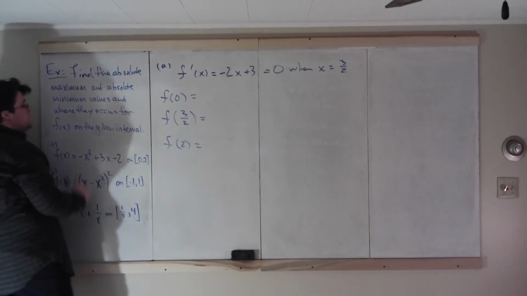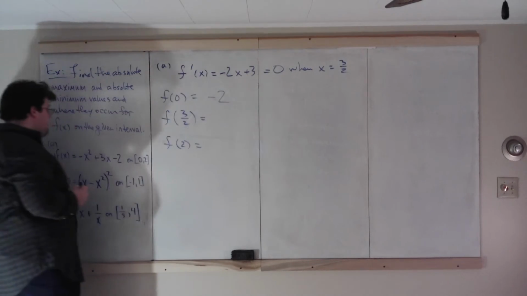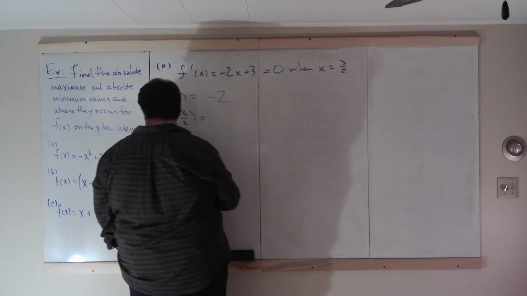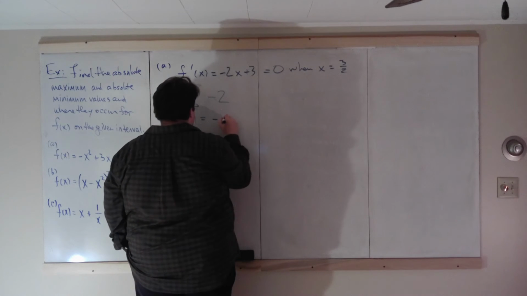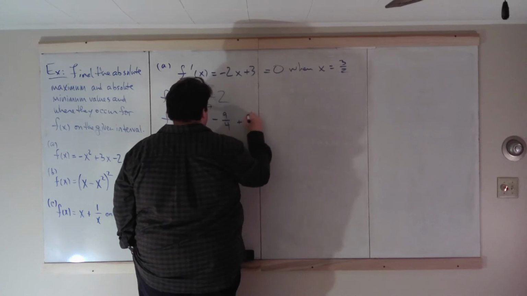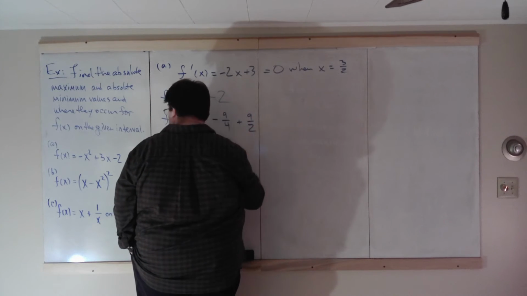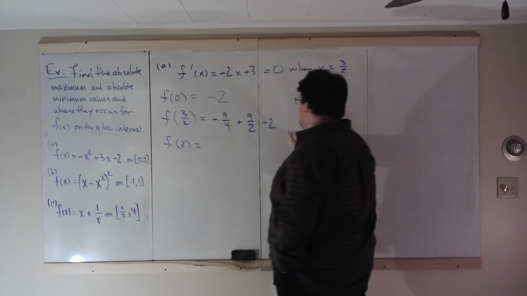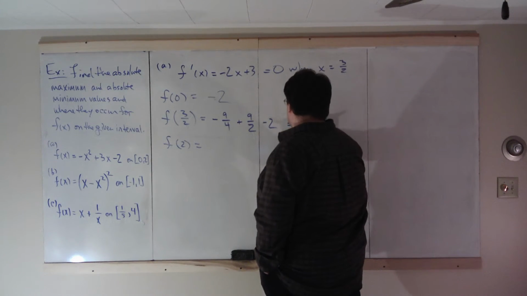F of 0 is negative 2. F of 3 halves is what? So we have negative 3 halves squared, negative 9 fourths, plus 9 halves minus 2. So what is this? Well, 9 halves minus 9 fourths is 9 fourths.